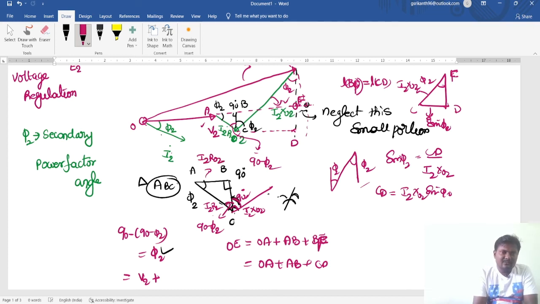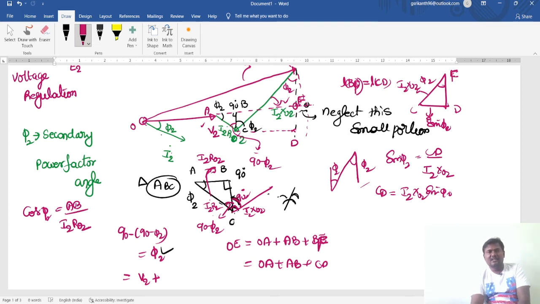cos phi 2. For this triangle, cos phi 2 is equal to AB divided by hypotenuse, which is I2 into R02. Yes, this AC length, this is called the hypotenuse, is I2 R02. We have to calculate the AB length.